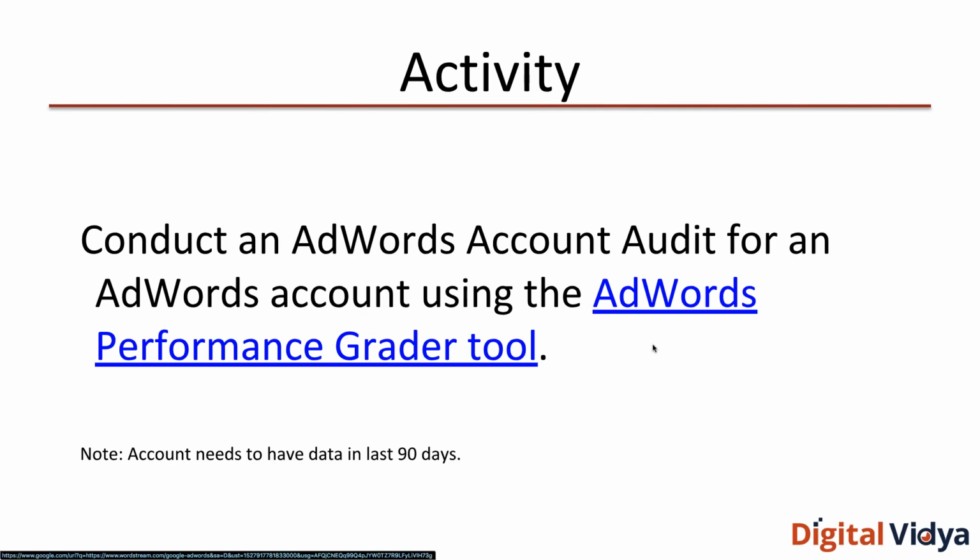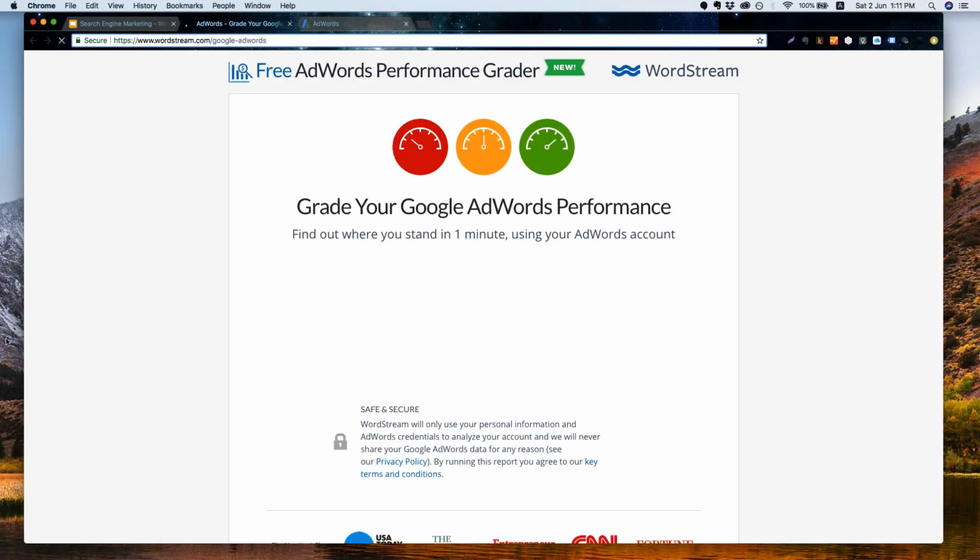And there is actually a free tool which will generate a nice template for an account audit. This is by WordStream. How many of you have heard of the WordStream website? If you go to wordstream.com/Google AdWords, they are a popular blog for SEO and SEM related topics.